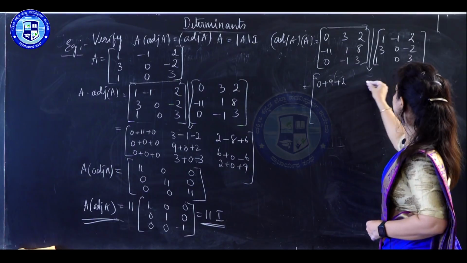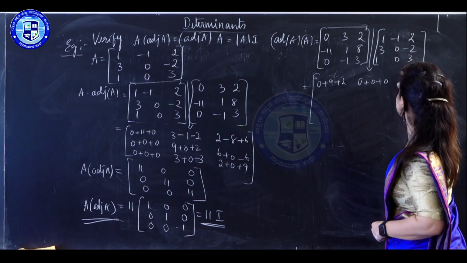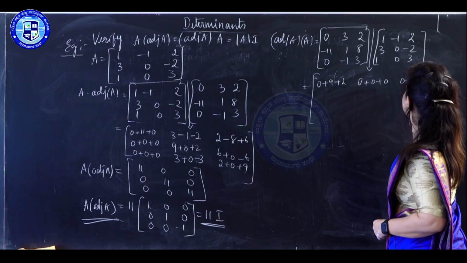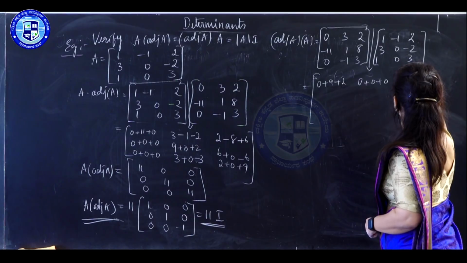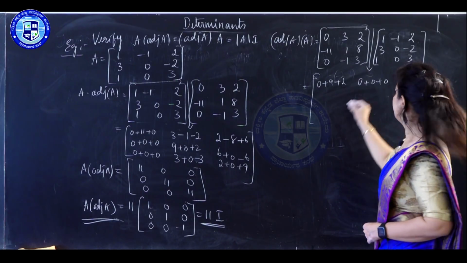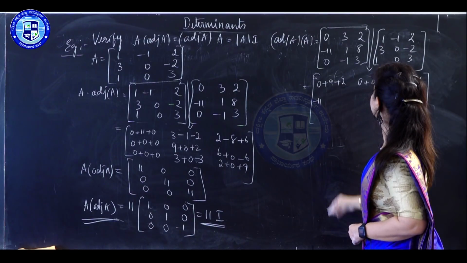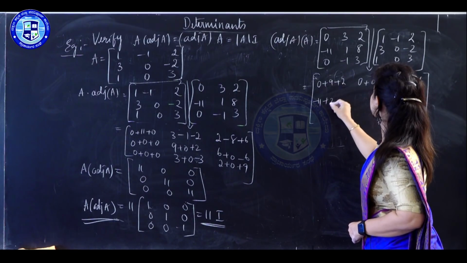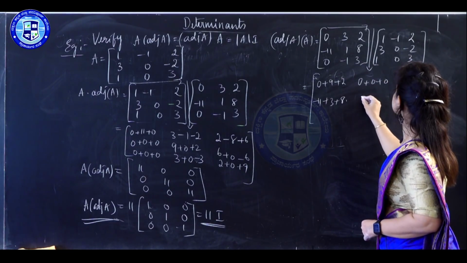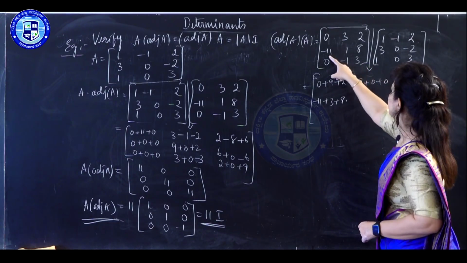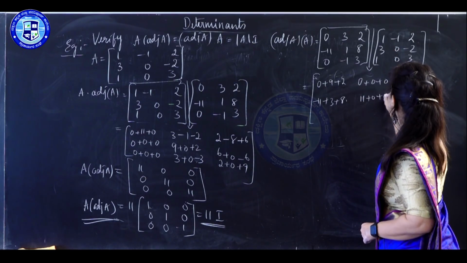First row, second column: 0 plus 0 plus 0. First row, third column: 0 minus 6 plus 6, isn't it? Now, multiply second row, first column elements: minus 11 plus 3 plus 8.